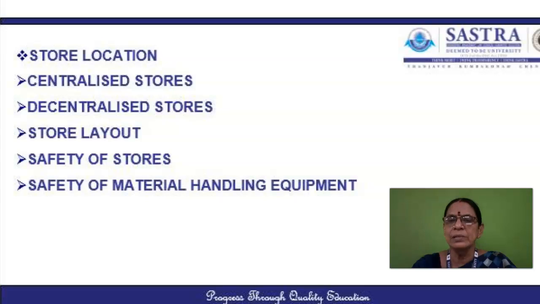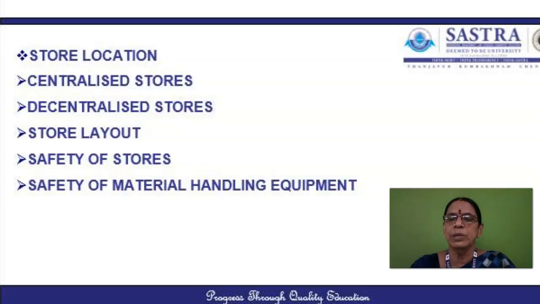The rubbers and other rubber parts will be placed in an air-conditioned store. And all the costly items must be kept under lock and key and should be kept away from the store's entrance.